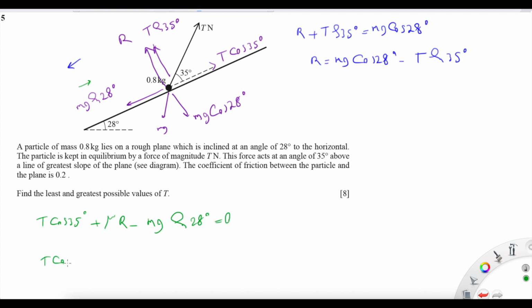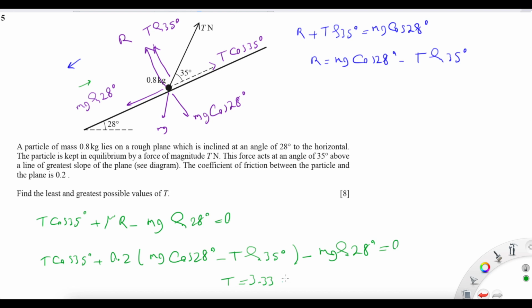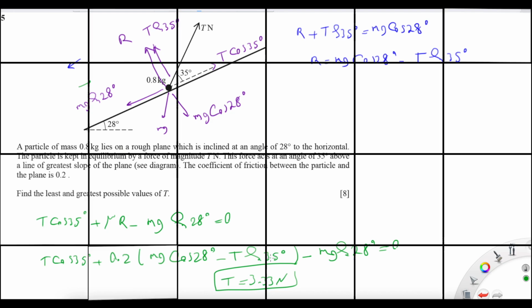So it will become T cosine of 35 plus mu, which is 0.2, times what we found in the previous part, which is mg cosine 28 minus T sine 35, minus mg sine 28 is equal to 0. After calculating this and making T the subject, T will be 3.33 newtons as the least possible value of T.